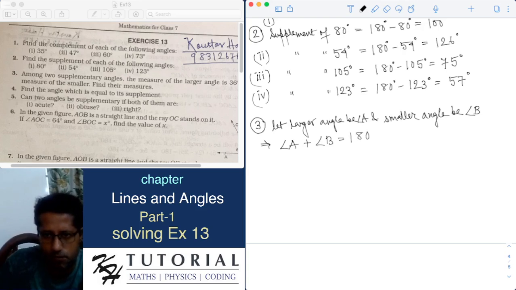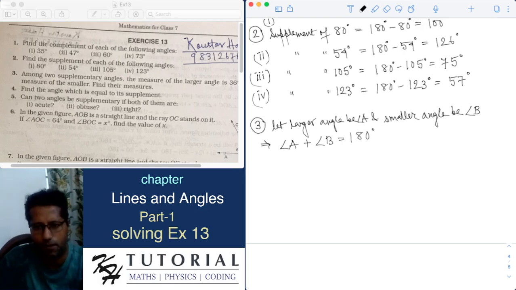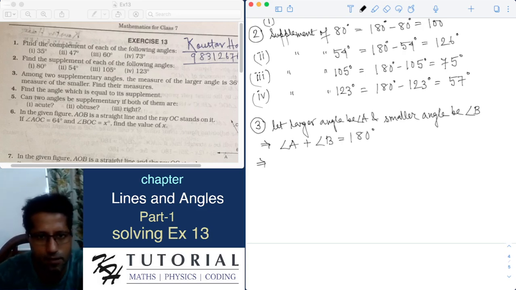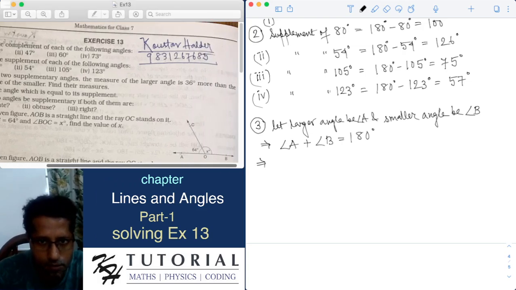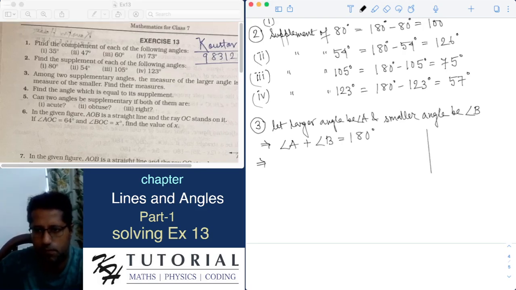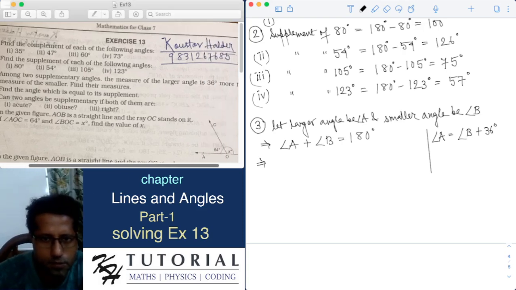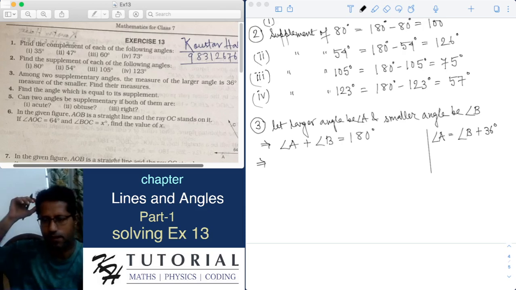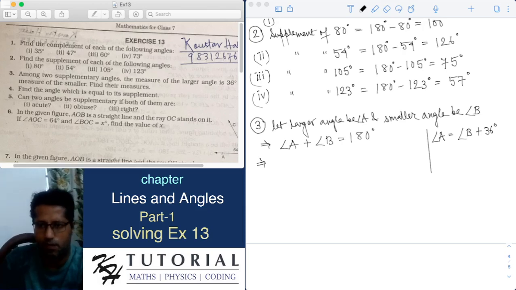180 degree, since they are supplementary angles, their sum should be equal to 180 degree. But we also know that the measure of the larger angle is 36 degree more than the measure of the smaller angle. So angle A will be angle B plus 36 degree, because we have assumed angle A to be the larger angle, angle B to be the smaller angle.